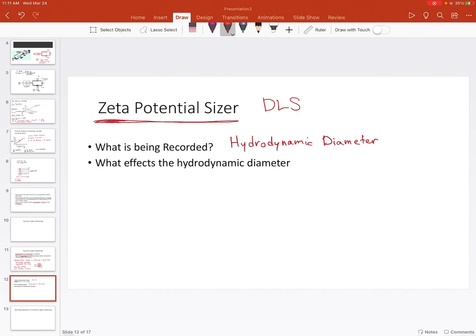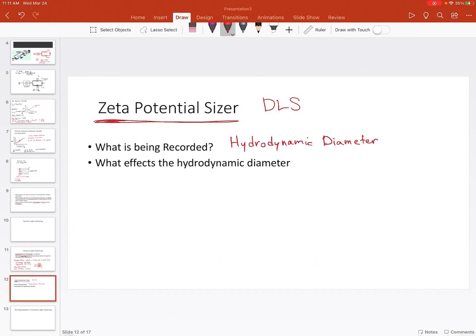We're going to discuss the hydrodynamic diameter in more detail later, but just to know, the hydrodynamic diameter is the diameter of a particle that moves with the same speed as the particle that is being measured.